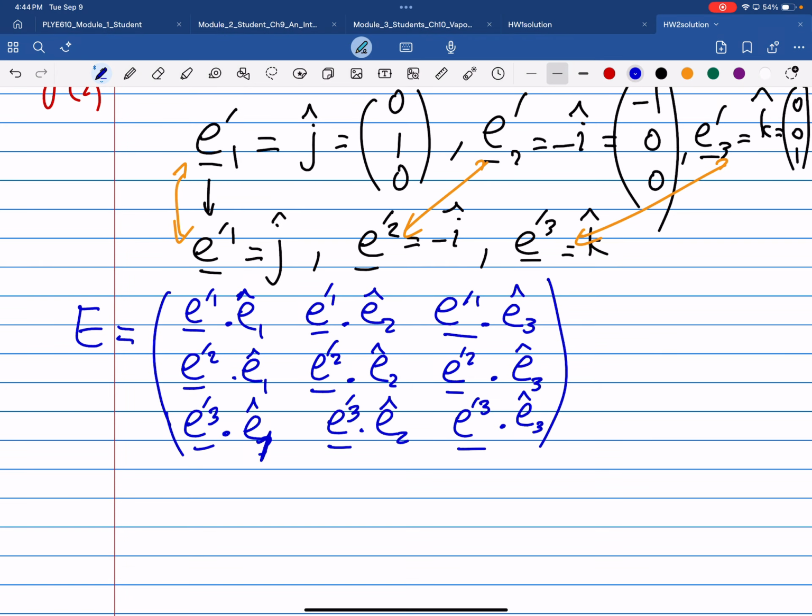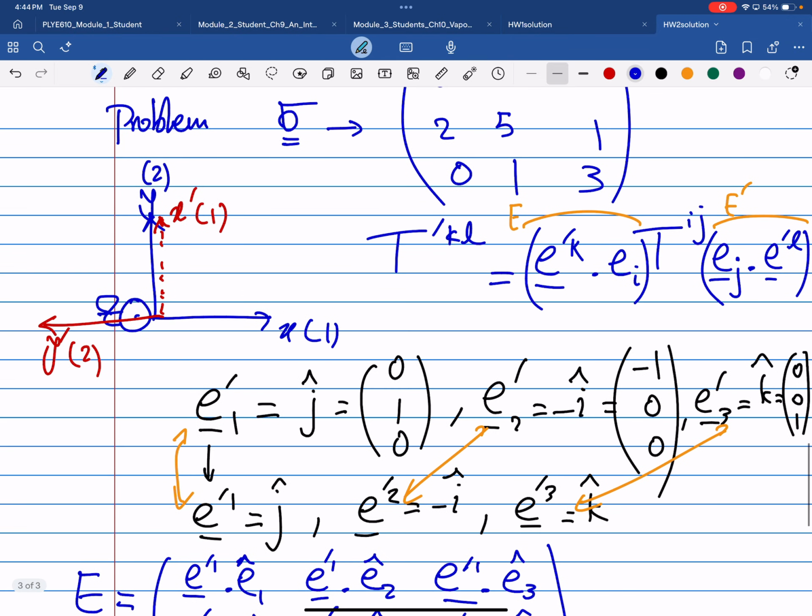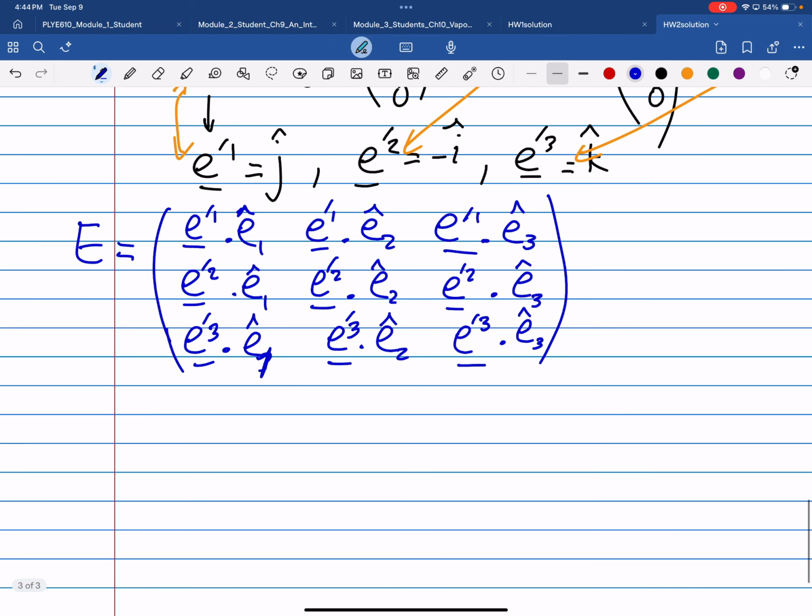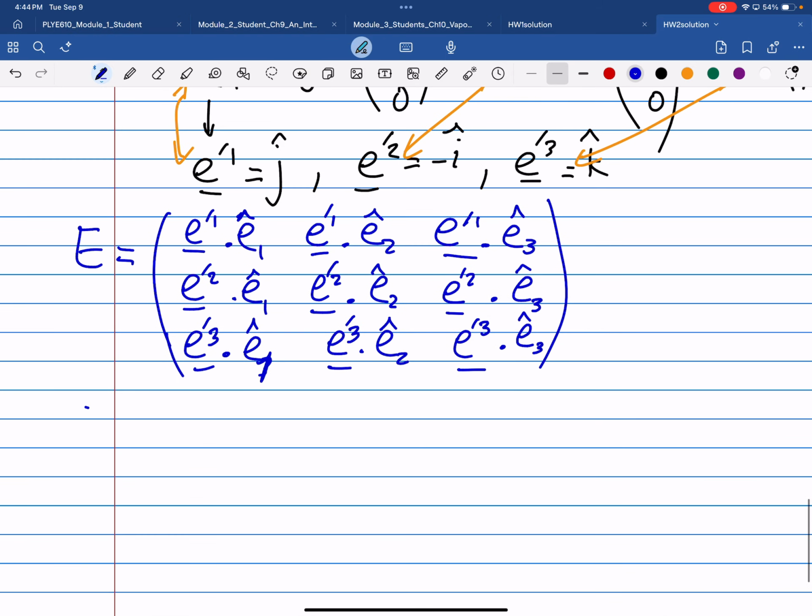And now I need to figure out this guy on the right hand side, E prime. That one is very similar to this. So let's call it E prime.